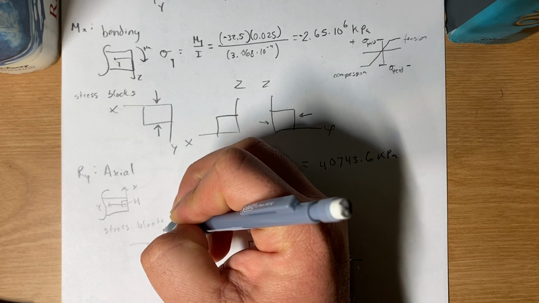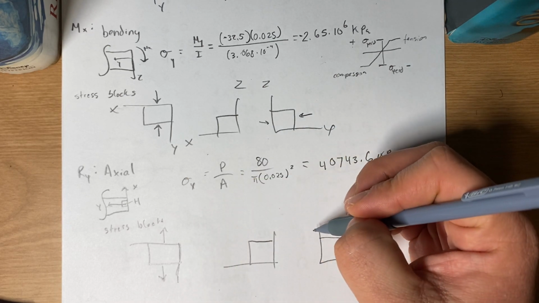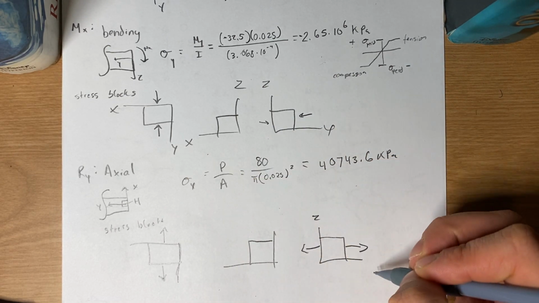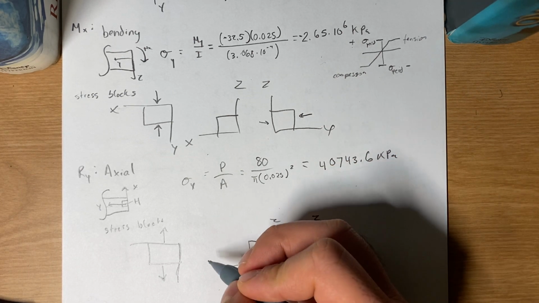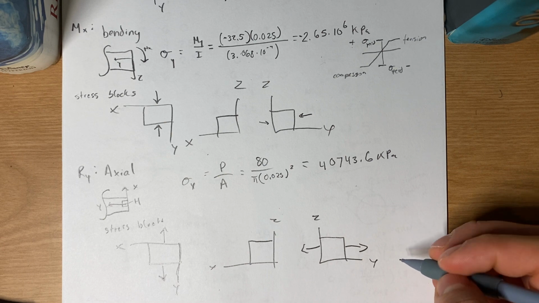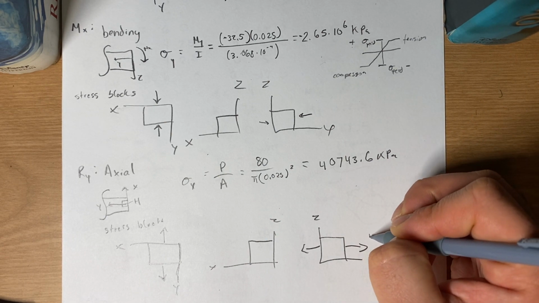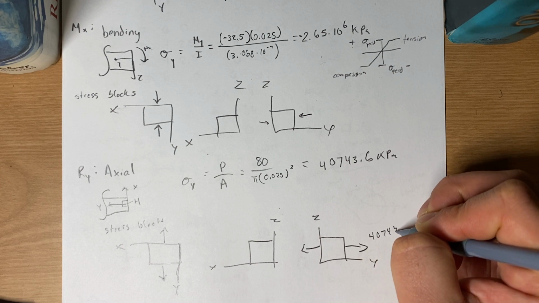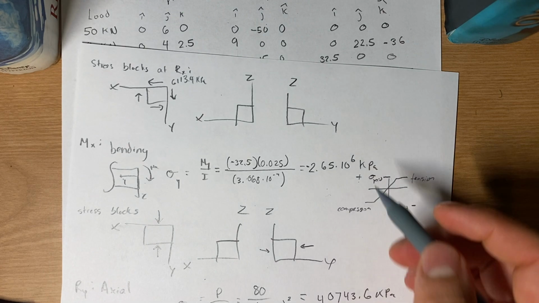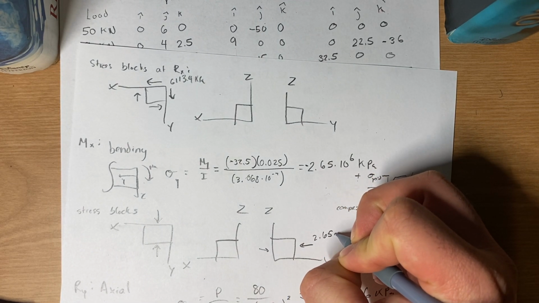So this is gonna go outward, and then this one is gonna go outward as well. And so Z, Y, Z, X, X, Y. And my value is 40,743.6 kilopascals.